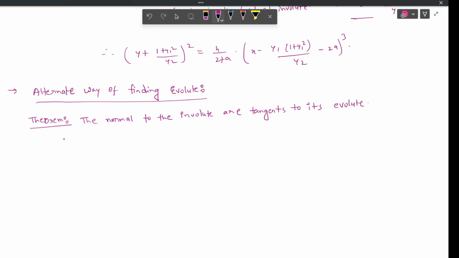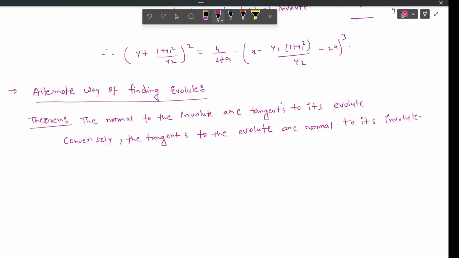So conversely, we can say that the tangents to the evolute are normal to its involute. Oppositely, we can say this also, right? See, this theorem gives the second technique of finding evolutes of a curve.